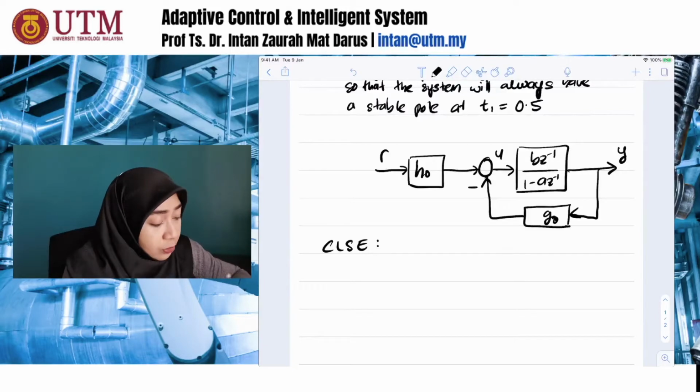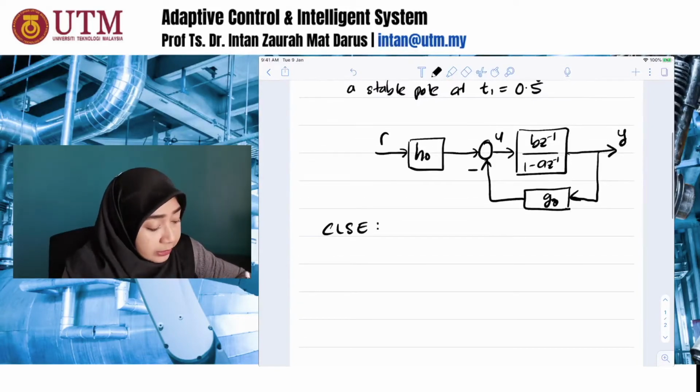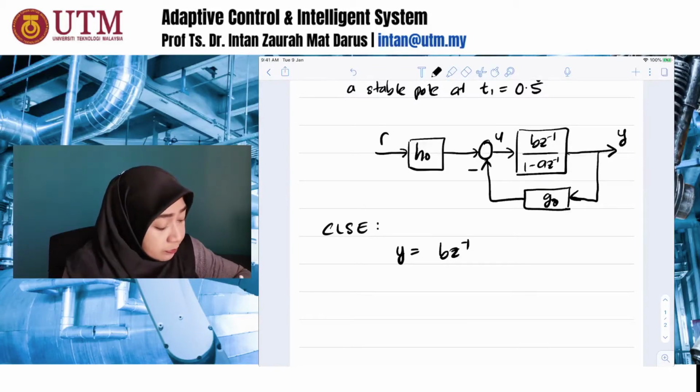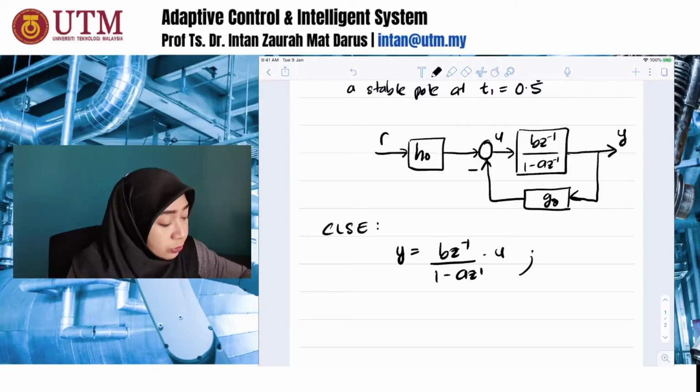So you have your y is equal to bz^-1 over 1 minus az^-1, multiplied by u. I'm not going to put the values first. I'm just going to solve the problem as it is, then later I will just substitute the values. At the same time you know that u is equivalent to rH naught minus yG naught.